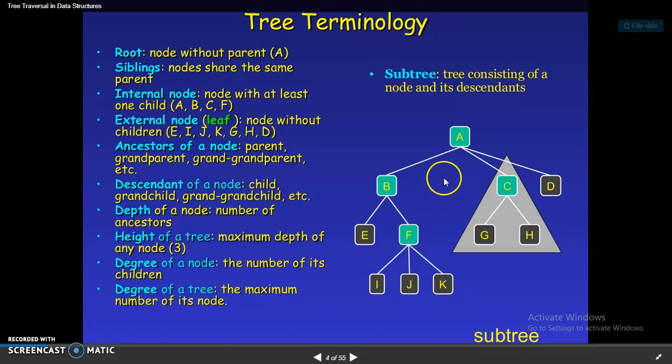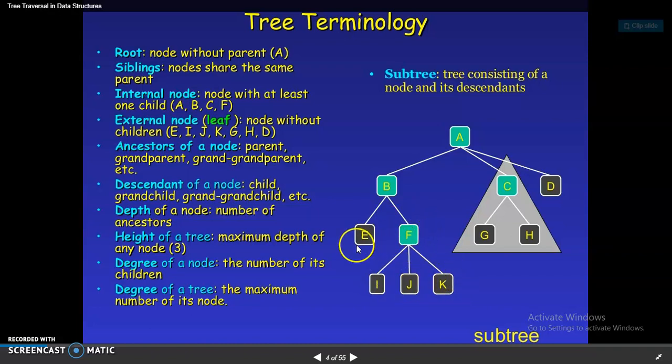For B, the descendants are E, F, I, J, K. For F, the descendants are I, J, K. So for each and every node which has child nodes, all of those are the descendants of that particular node.